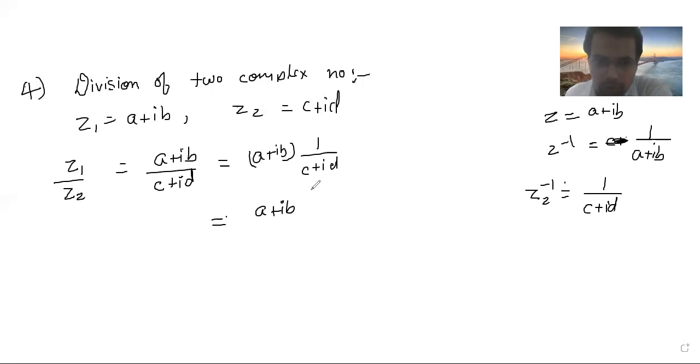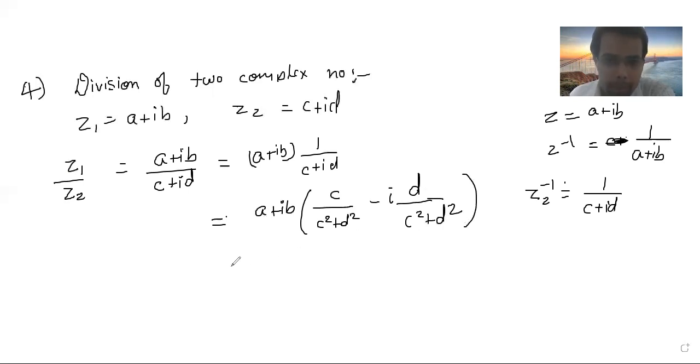It will be a plus ib into c by c square plus d square minus i d by c square plus d square.